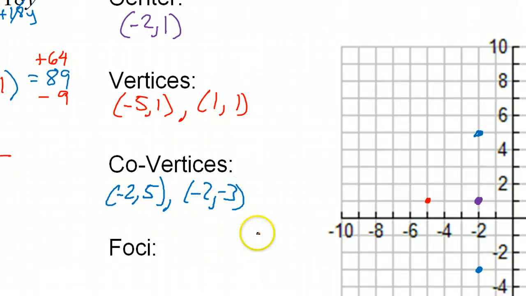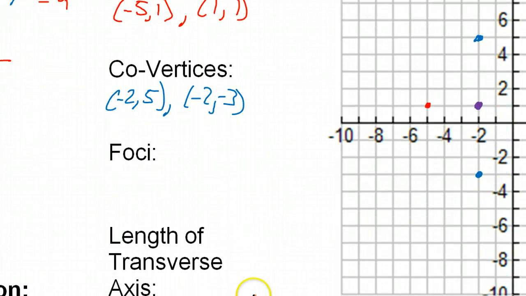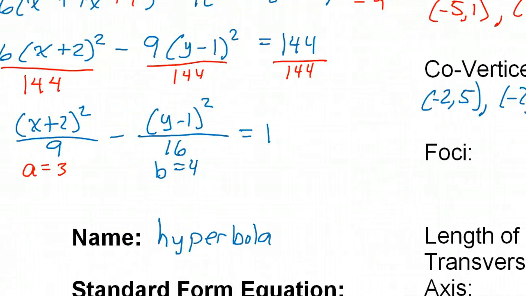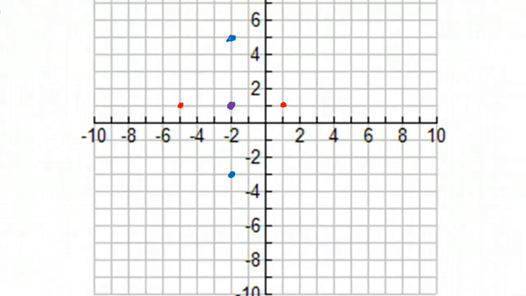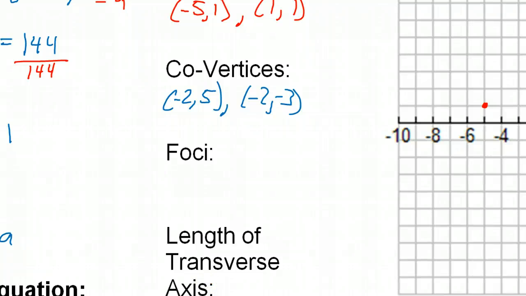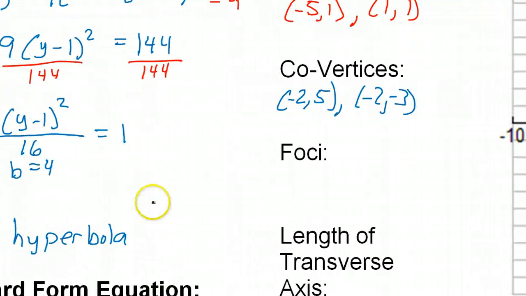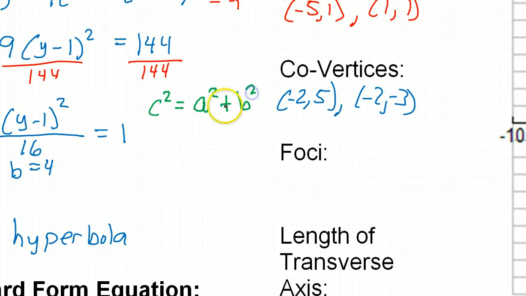Okay, now it's time for the foci. For the foci, we need that C value. Is there any convenient place for me to calculate that? Alright, maybe I'll just squeeze it in right here. Remember, for a hyperbola, the C equation is C squared equals A squared plus B squared.